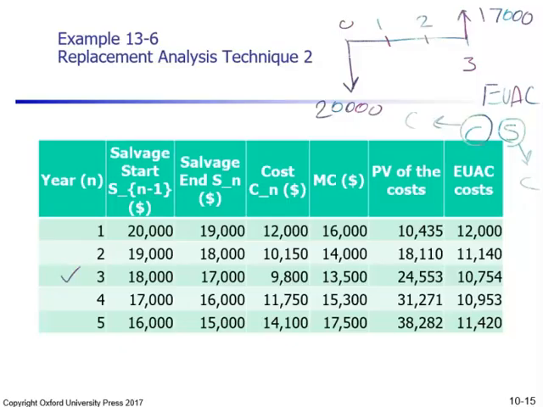What you want to do now, you want to calculate the EUAC for this cash flow. And remember, you have already done many exercises on how to convert something like this to an EUAC.